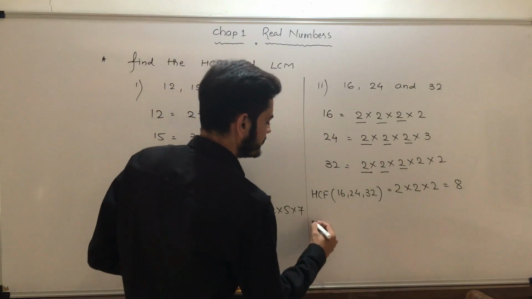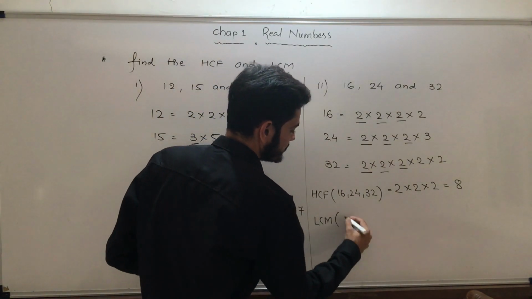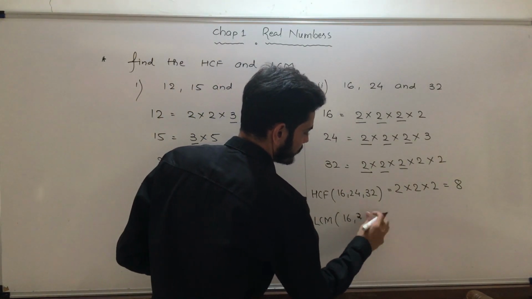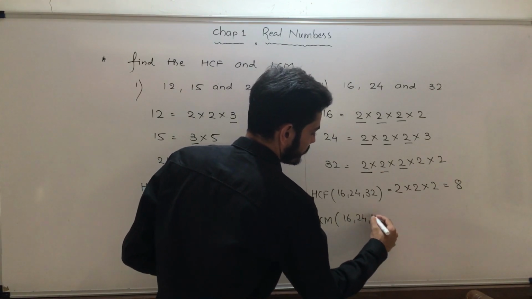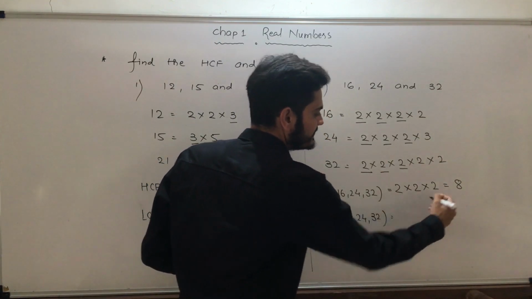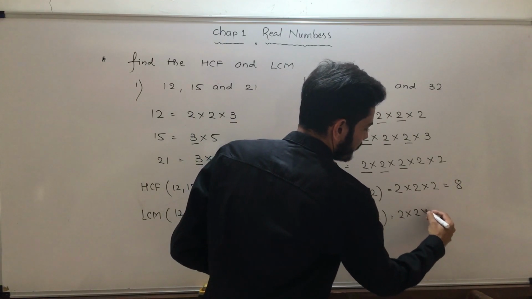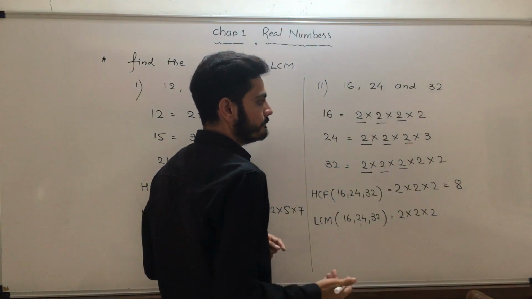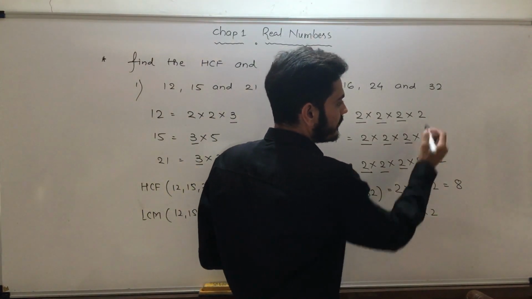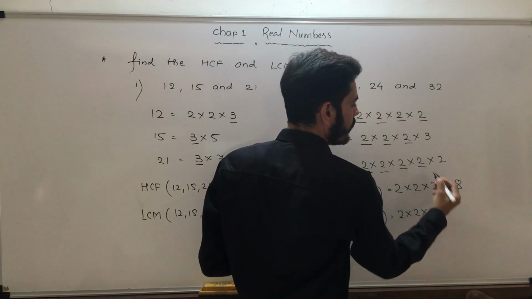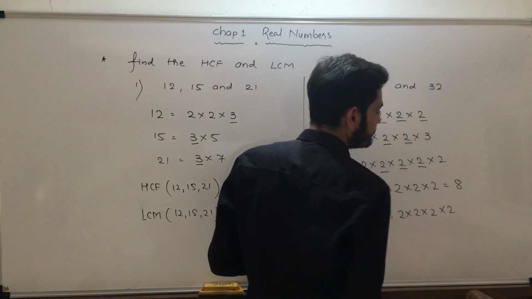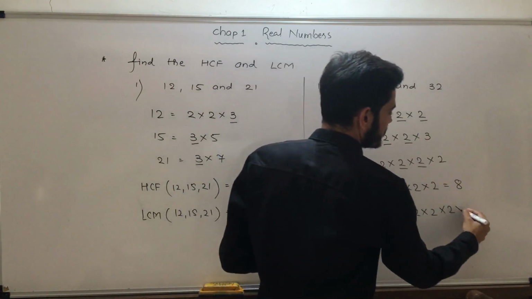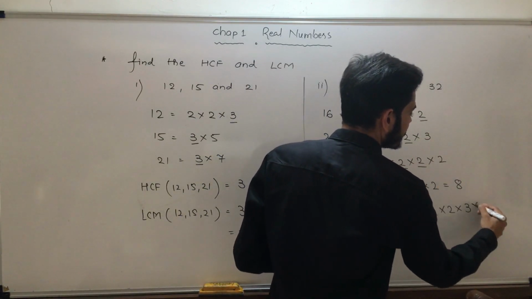Now let's find the LCM of the three numbers 16, 24 and 32. First of all write this HCF. Forget about these underlined numbers and focus on the remaining numbers. 2 and 2 are common, so write it one time. Again 3 is one time, and 2 is again remaining.